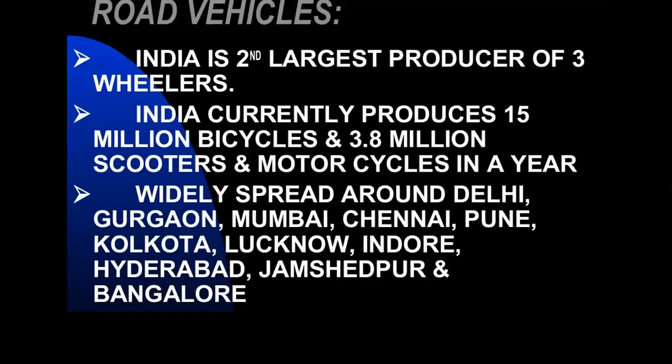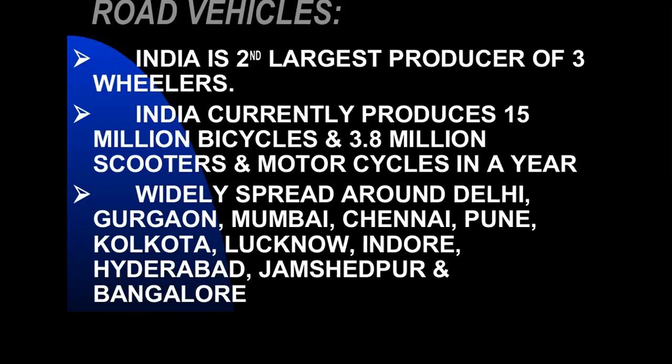Now road vehicles. Okay. India is the second largest producer of three-wheelers. India currently produces 15 million bicycles and 3.8 million scooters and motorcycles in a year. This is the total production of India related to bicycles, scooters, and motorcycles.